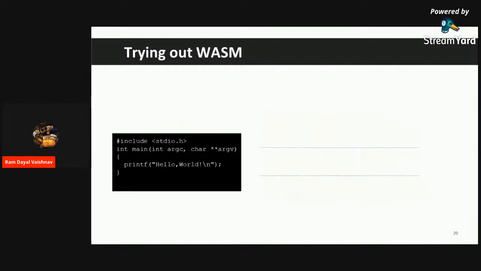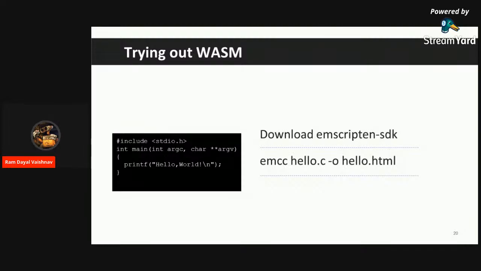Okay, so let's see how we can try out WebAssembly. Given an example where you are using, let's say, normal C or C++ code, like the way we have mentioned here, what you have to do is download the Emscripten SDK from their website, and then run this command: emcc hello.c -o hello.html.